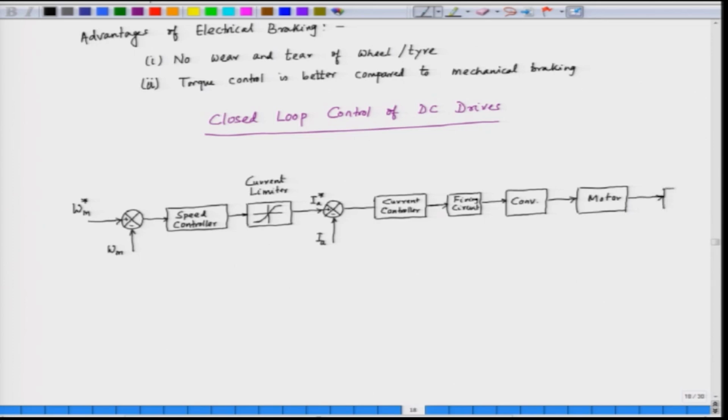So, we have the load, which is a mechanical load here. Now, the motor current is sensed here. So, we have the current sensor. The current sensor senses the motor current, and this feeds back the motor current to control the current in the motor, and the converter obtains the power supply in this case.